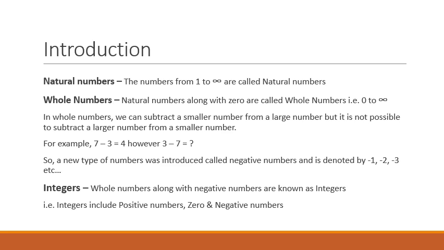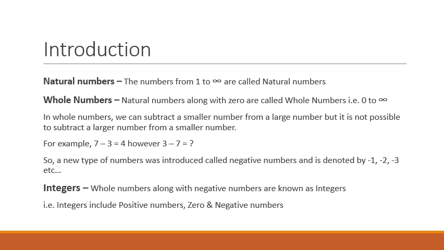So, to find the answer for such a problem, a new type of number was introduced and we call such numbers negative numbers. And these numbers are denoted as minus 2, minus 3, likewise. So we get a new set of numbers. Earlier you have learnt about natural numbers and whole numbers.